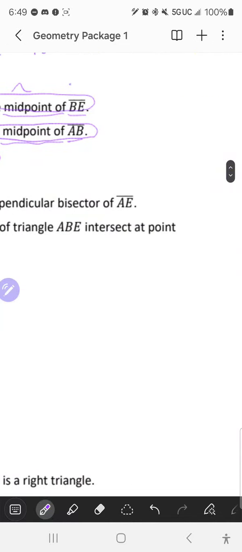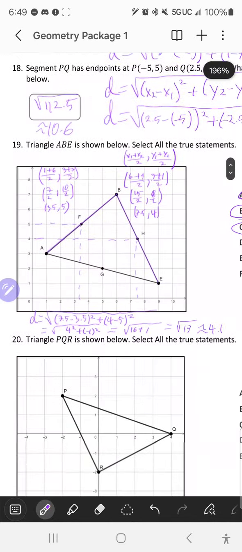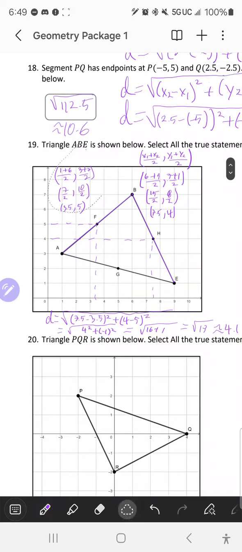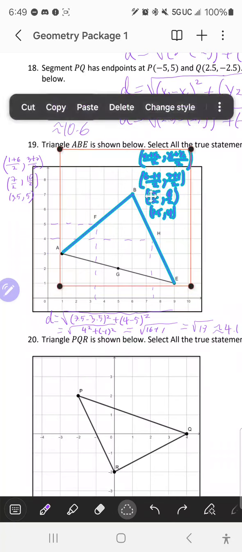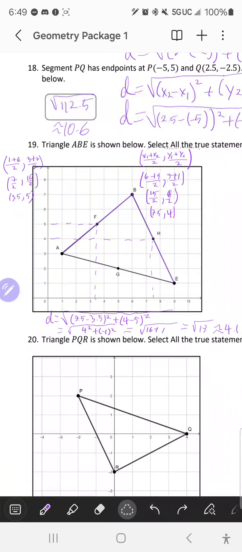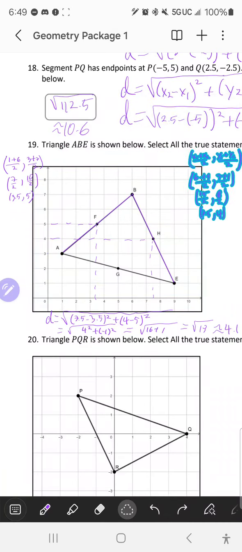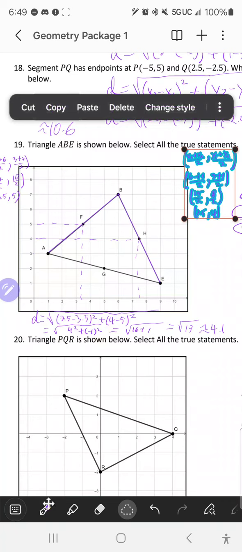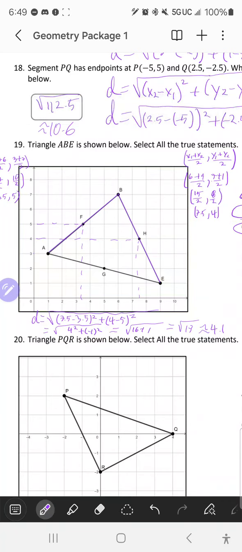I really don't have that much space right now, so I might move this over here, so I have a little more space, and I can calculate AB and GH.